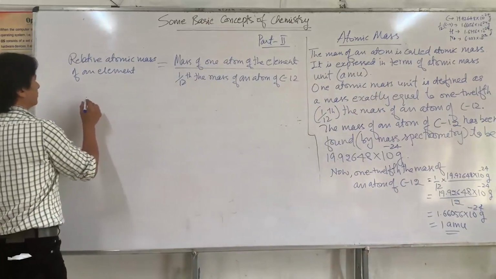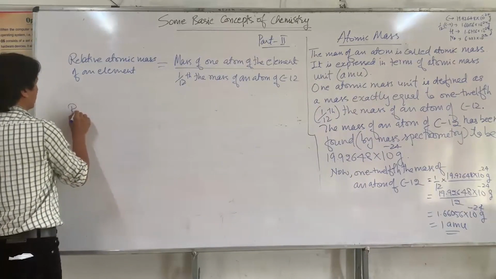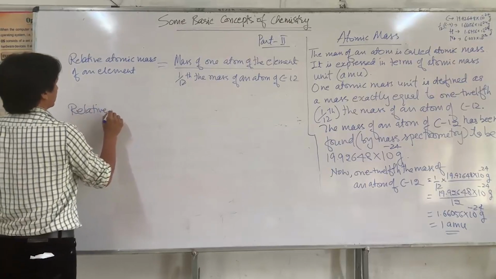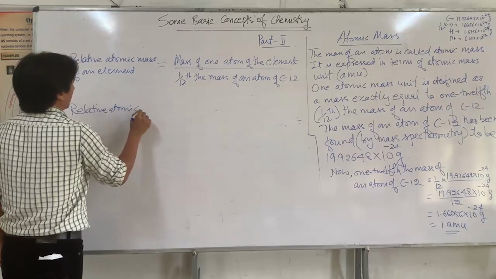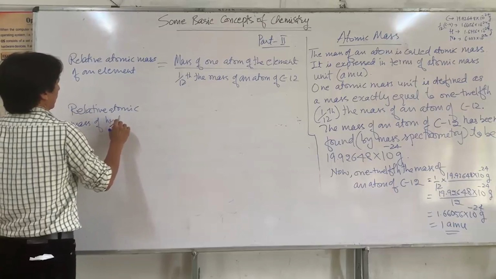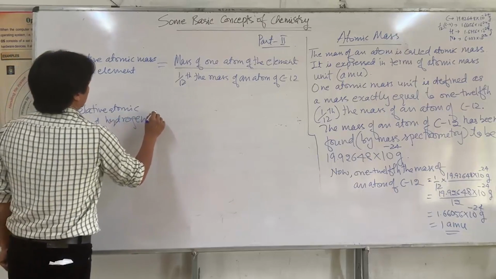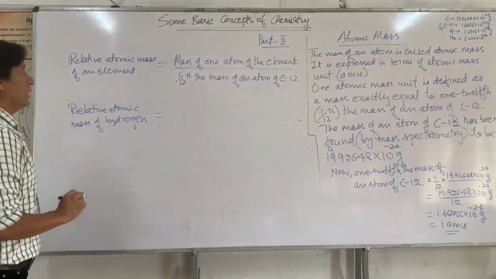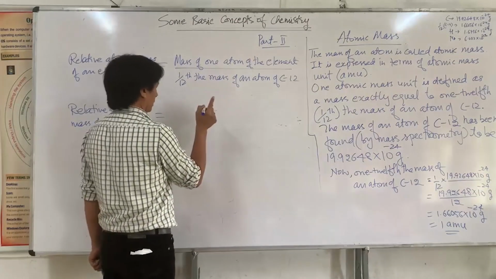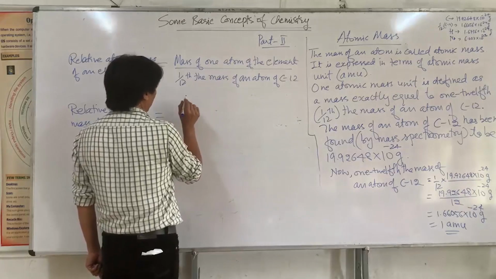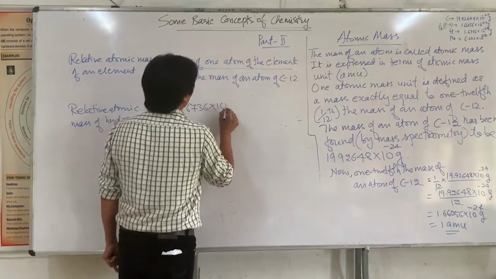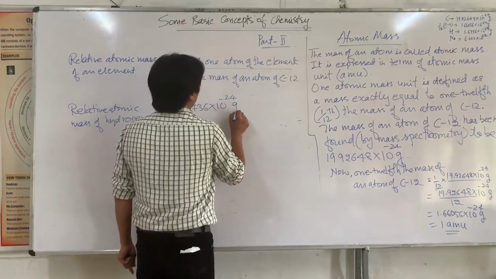Now let's find the relative atomic mass of hydrogen atom. Now, it is known that the mass of one atom of hydrogen is 1.6736 into 10 raised to power negative 24 grams.